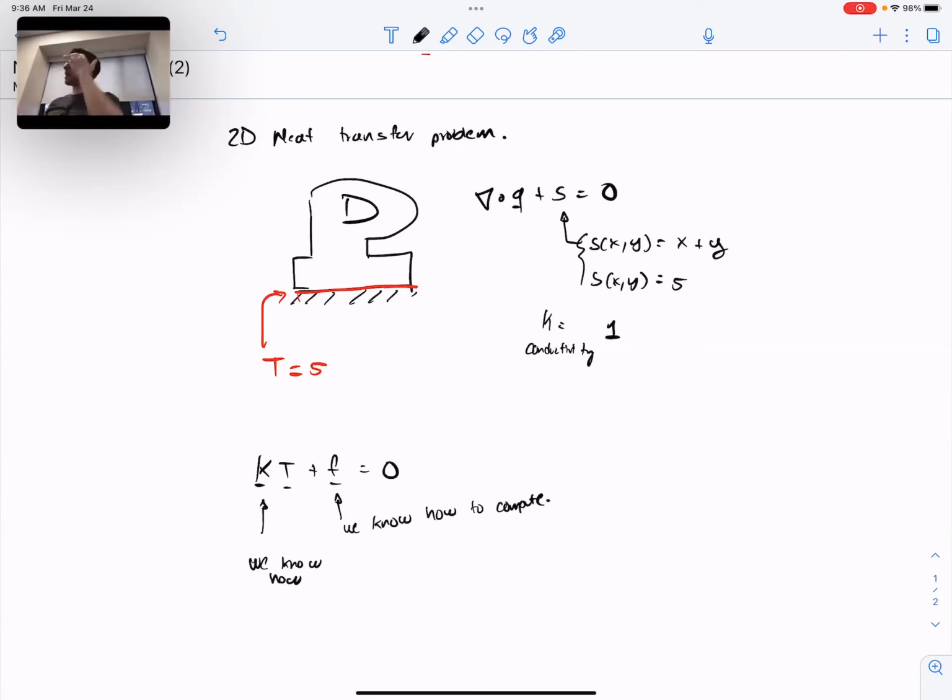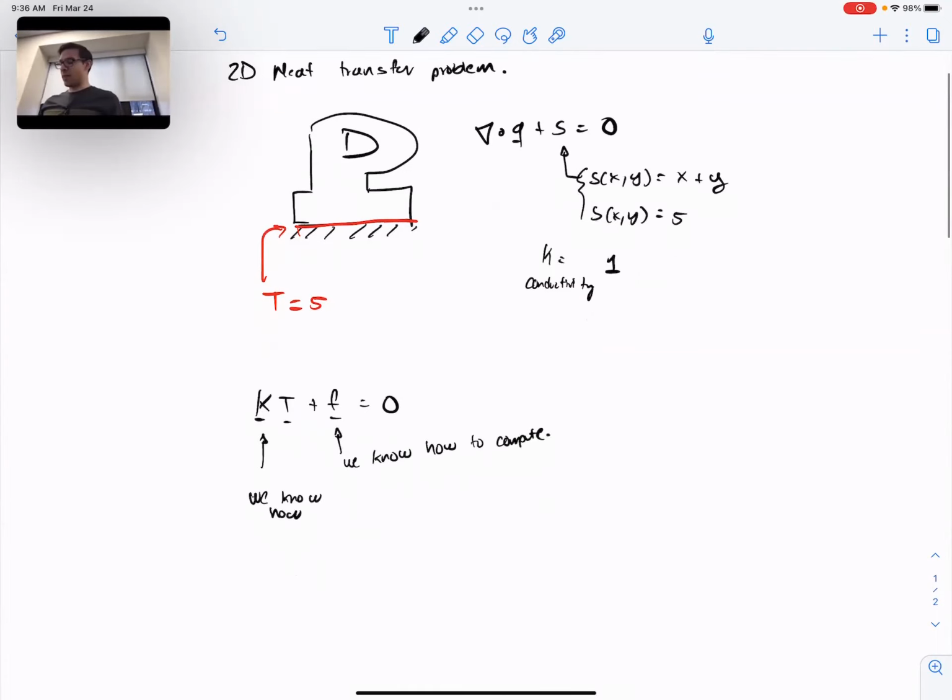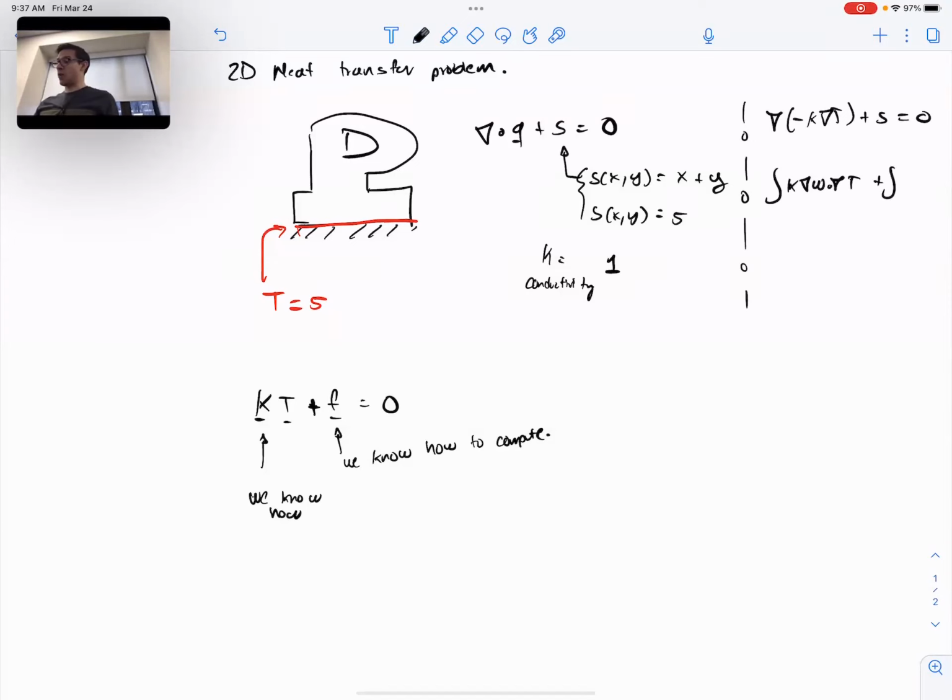We have to be a little bit careful with the signs, whether there's a plus or a minus sign here. You can go back to the book. I'll do it myself here, but you have to be careful with the notation, because Q has the minus gradient of the temperature. If I put a plus sign here, then when I do the integration by parts, this one will end up positive, and this one will retain the positive sign.